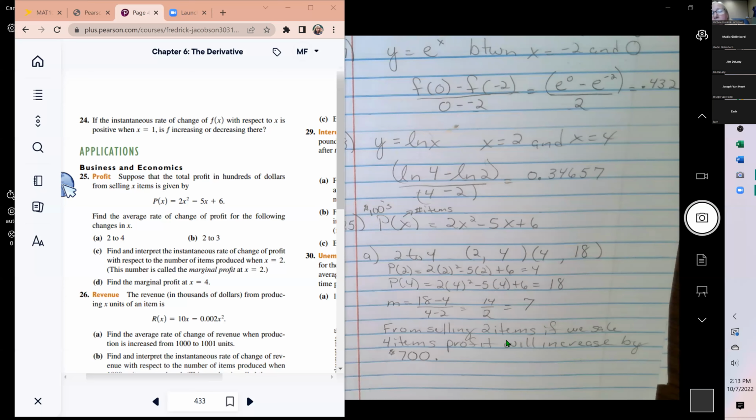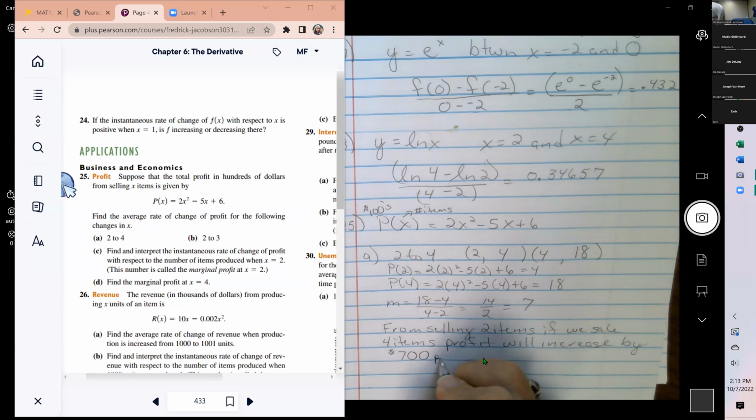Yes, because we're selling 2 items. If we increase that to 4 items, wait, no. Yeah, it would be per item. So when you're going from 2 items to 4 items, profit will increase by 700 per item.